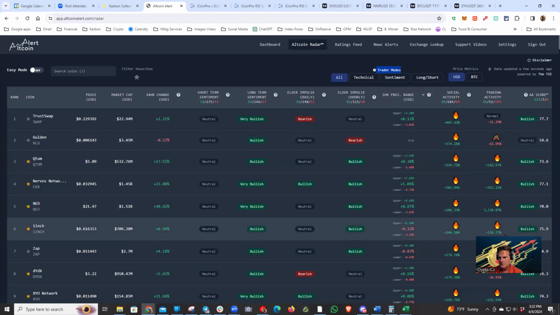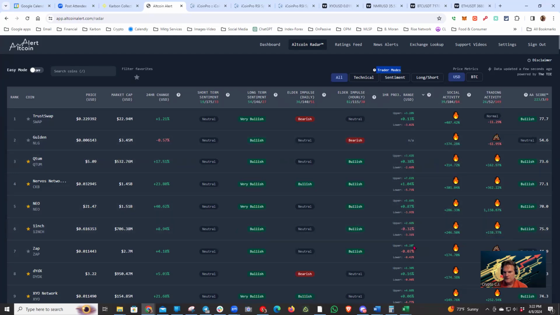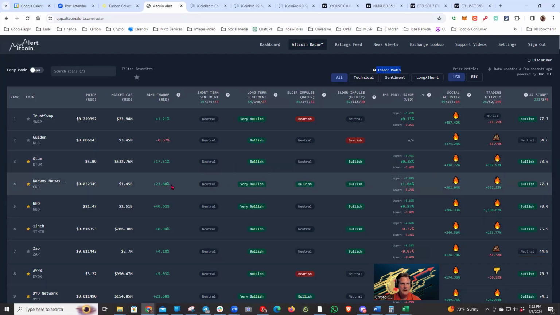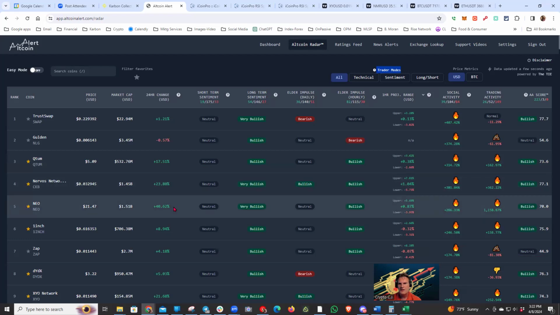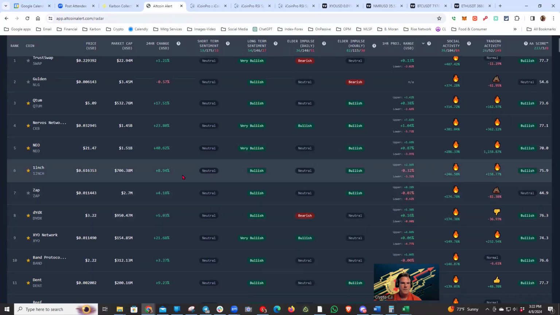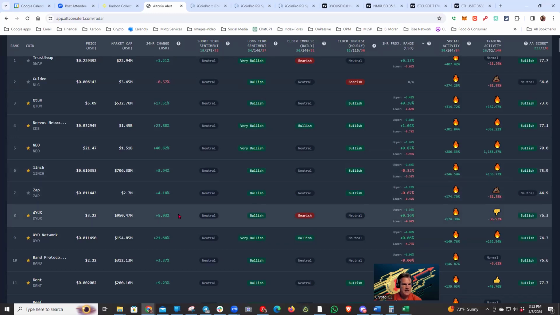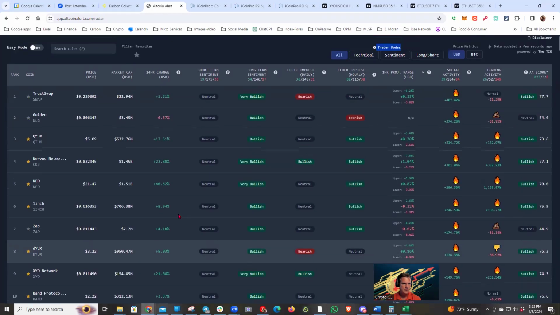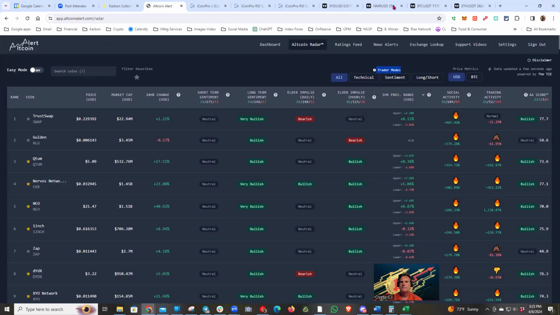So, let's see. We got Quantum. I was trading this on Friday. That's an older project, kind of coming out of nowhere. CKB, Neo. These are older projects as well. 1inch. Dydx. I trade this a lot. So let's look at Dydx.